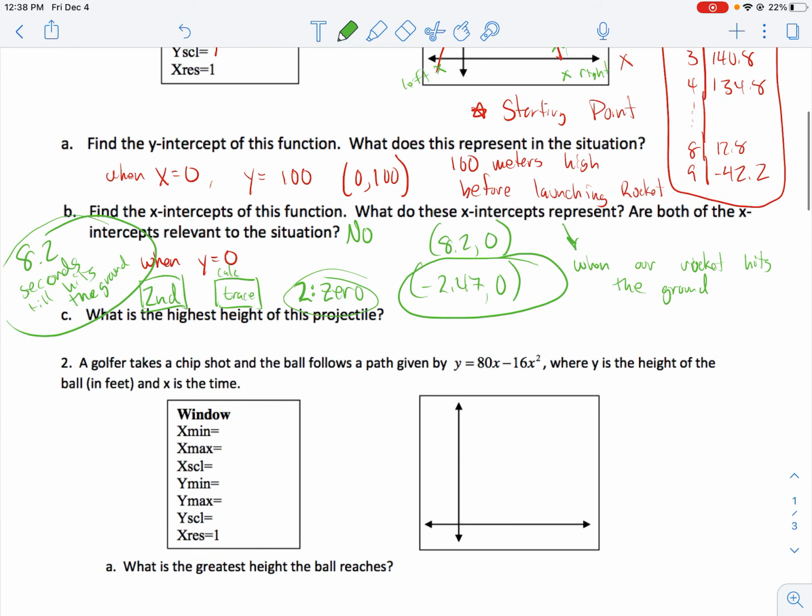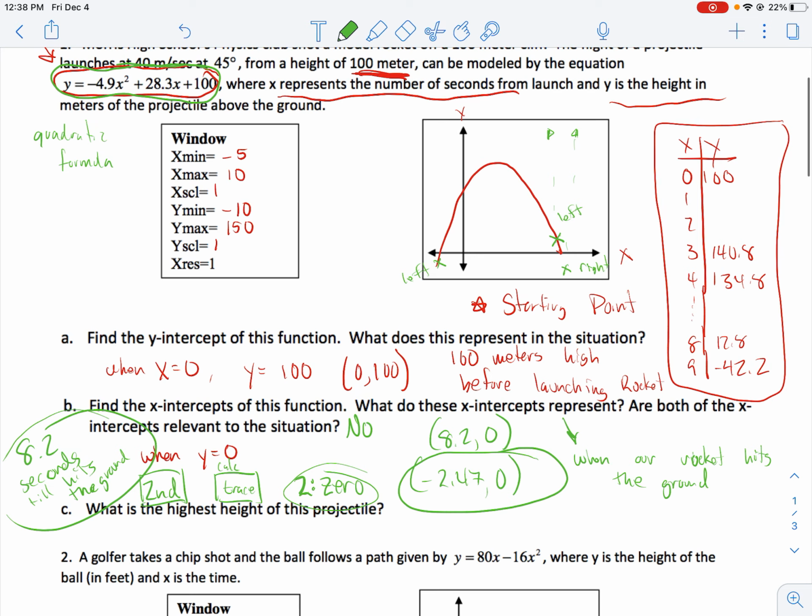Okay, what is the highest height of this projectile? Okay, so this involves using the same second calc button, but instead of picking 0, we're going to pick the maximum. Okay, we want the maximum value, the highest our y value goes.